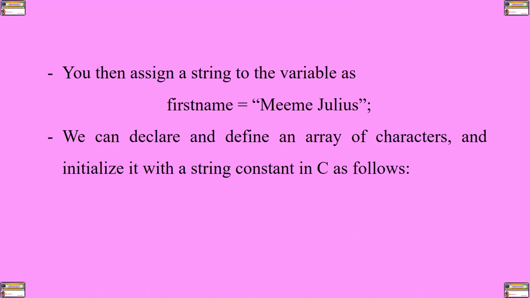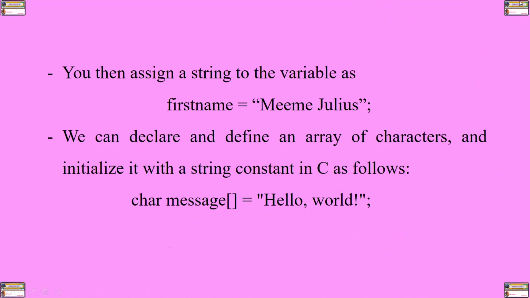We can declare and define an array of characters and initialize it with a string constant in C as follows. So we can also assign a string, a set of characters, into a memory location. Now, in a situation where you are going to assign or store a predefined string in a memory location of type char, you don't need to specify the number of characters that memory location will hold.